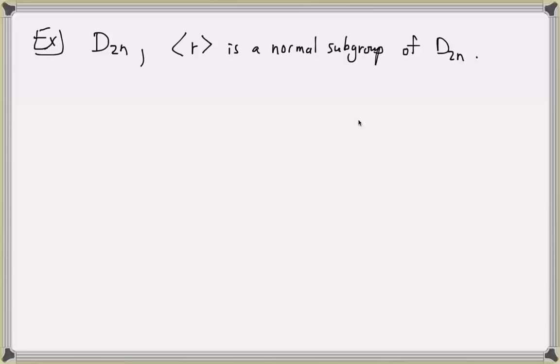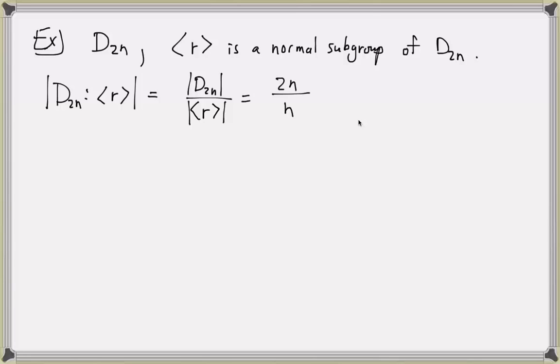This is because of the previous theorem: the index of this subgroup generated by R is, since these are finite groups, the order of D2n divided by the order of the subgroup generated by R. Well, there are 2n symmetries in D2n, and there are a total of n reflections. So we see that the index of this subgroup generated by R is 2, and therefore this must be a normal subgroup of D2n.